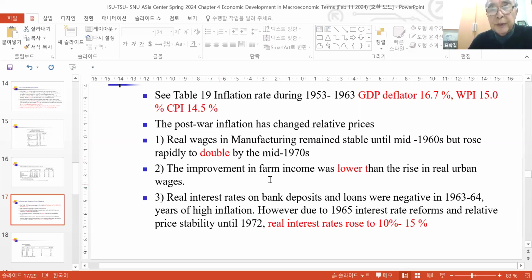The improvement in farm income was lower than the rise in real urban wages. Real interest rates on bank deposits and loans were negative in 1963-64 because of years of high inflation. However, due to the 1965 interest rate reforms and relative price stability until 1972, real interest rates rose to 10%, 15%.